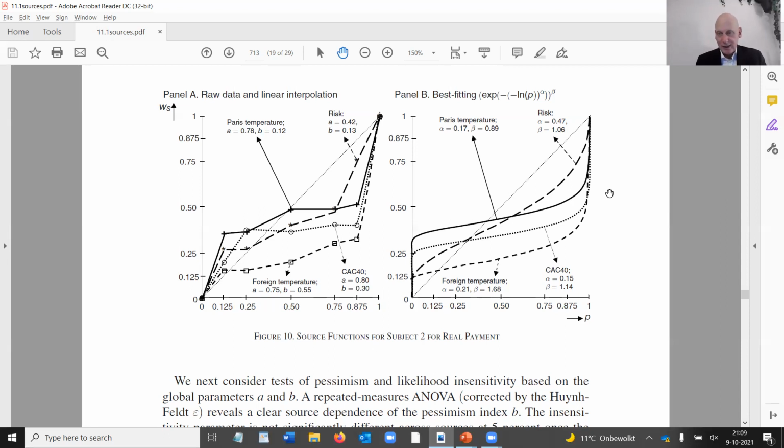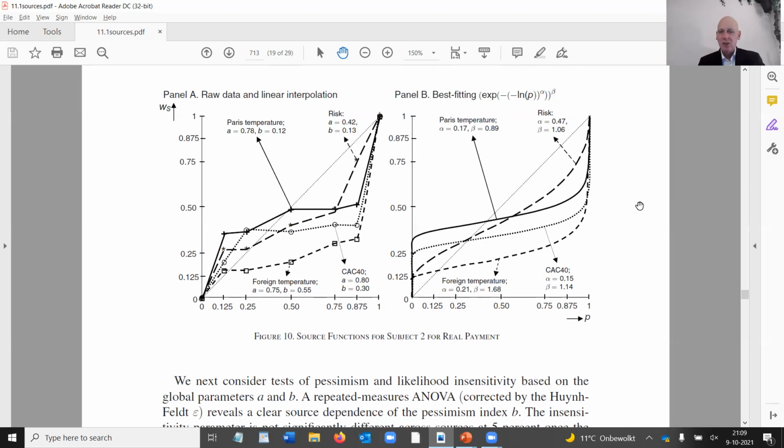We can also look at the insensitivity. There's a degree of inverse S-shape, so how shallow the curves are in the middle. And then you see that this CAC 40, this stock index, is doing really badly. So our subject is not discriminating much between uncertainties of this stock index. This finance thing is something that the person cannot relate well to, doesn't understand, doesn't have much cognitive understanding of.